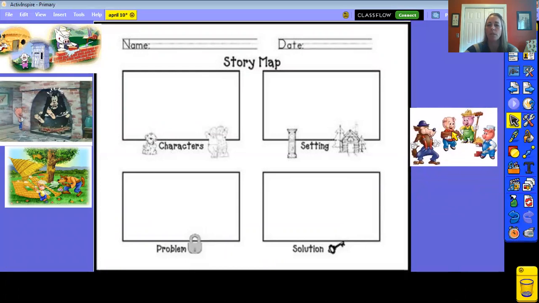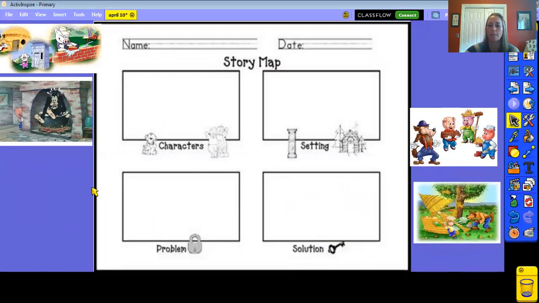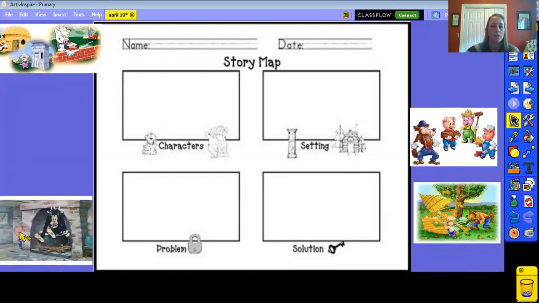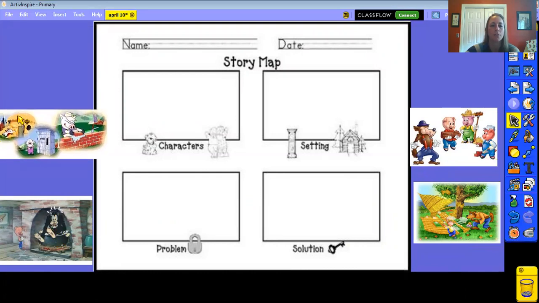I see a wolf, I see a pig with sticks, I see a pig with straw, and I see a pig with bricks. In this picture, I see a wolf and he's blowing down a straw house. Here, there's a little pig peeking around the corner of the fireplace and the wolf has fallen into a pot of hot water. And then this last picture, here's a straw house and a stick house and a brick house.